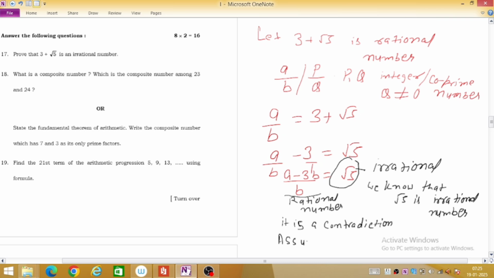Then 3 plus root 5 is an irrational number. Proved.